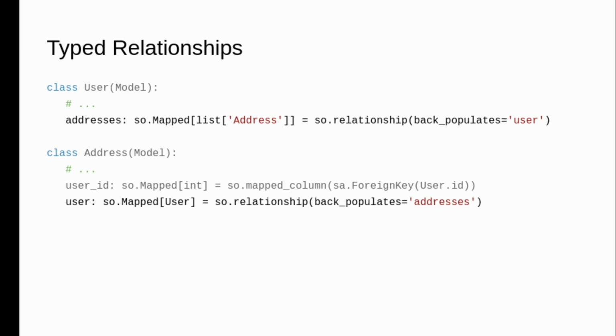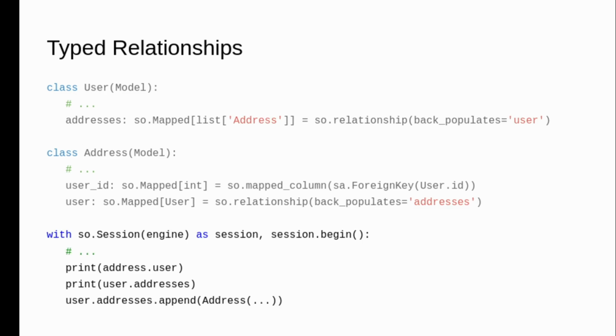And then on the user side, you have addresses, which is typed as a list of address elements. So completely natural. It's what you expect. And then the relationship call has this back_populates that gives the name of the other one, because these two are the same relationship as seen from the two sides. And this is how SQLAlchemy knows that these are the same relationship.